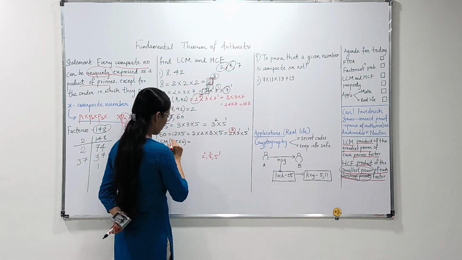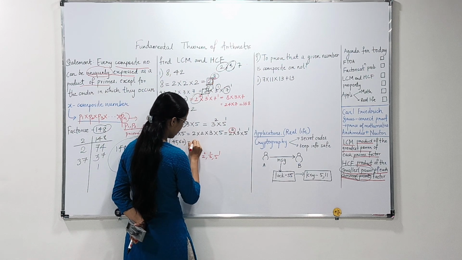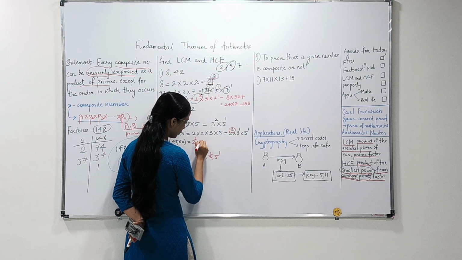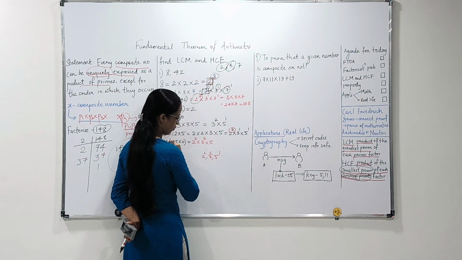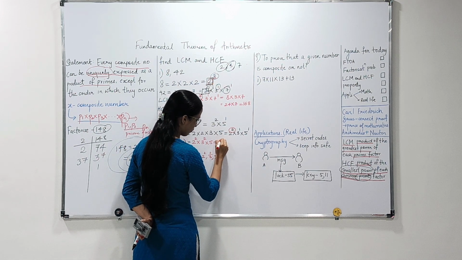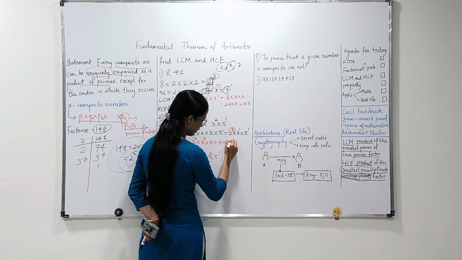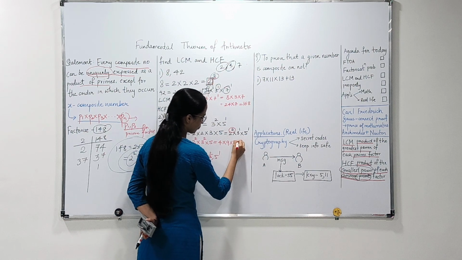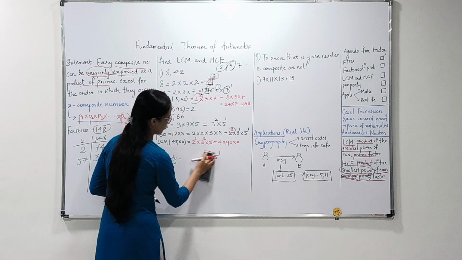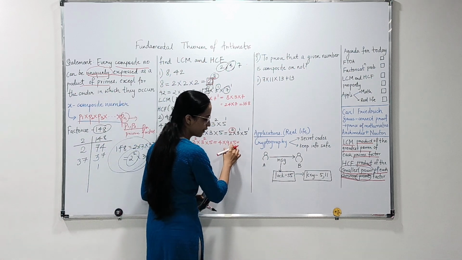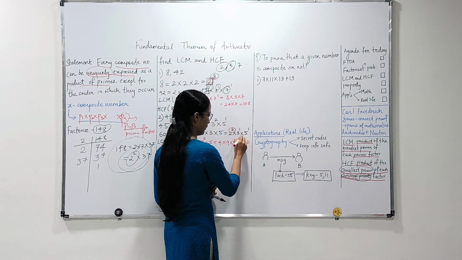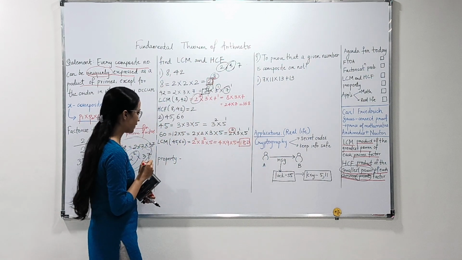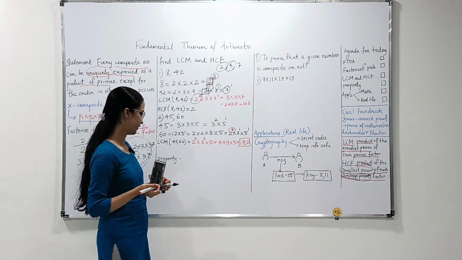So the LCM of 45 and 60 would be 2 square into 3 square into 5. That is 4 into 9 into 5. So we have 4 into 5 is 20, and 20 into 9 is 180. So this is the LCM of 45 and 60.